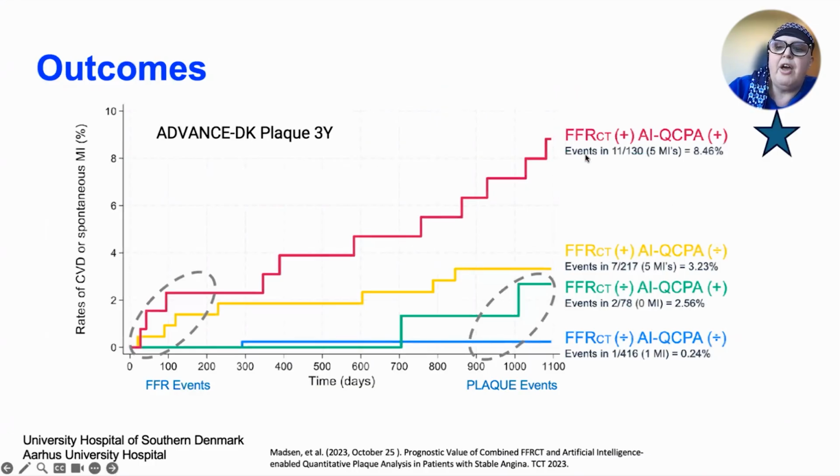Because when you have a plaque analysis that's a very high percentile, such as over the 75th percentile, not only do you have events early on, but you have that combination of events 3 to 5 years later. So in this particular patient, you would want to say to them, yes, we fixed this lesion that needed revascularization. However, you're still at risk downstream. So it's very important to follow with your cardiologist for aggressive preventive care.